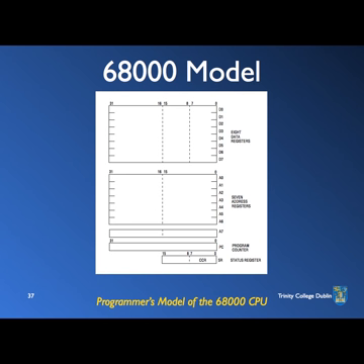These are words, and a word is 2 bytes long. The 68000 is byte addressable. That means the first byte of the word at location 2000 is at location 2000, the second byte is at 2001, so the next word is at 2002.